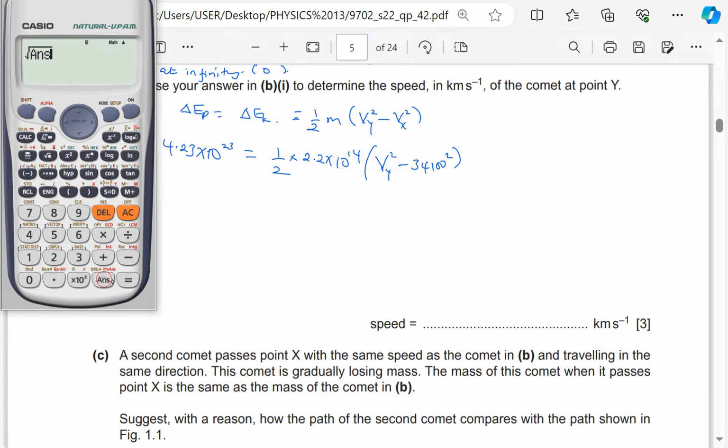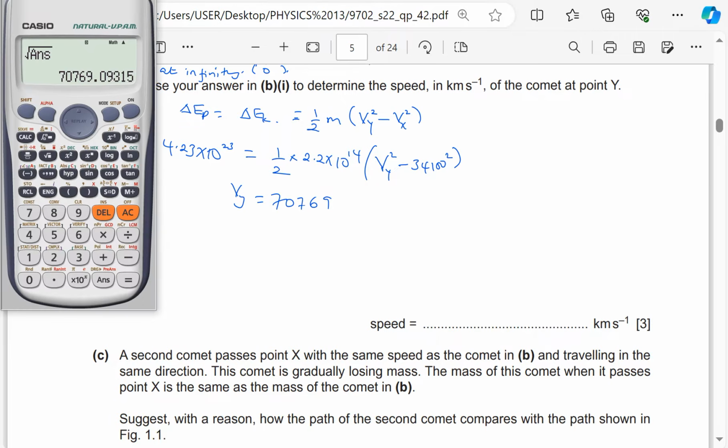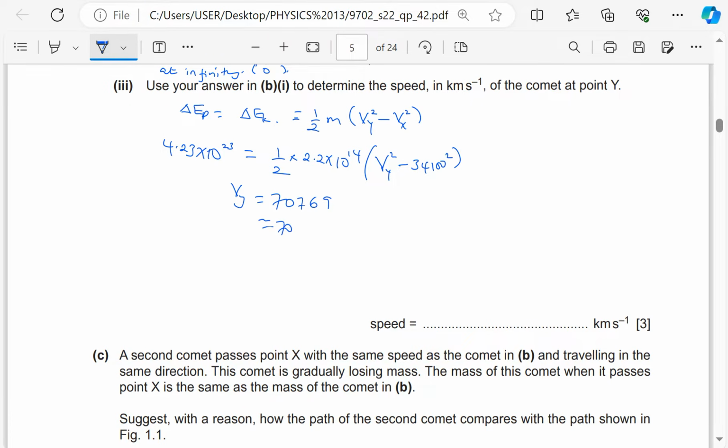Then I'll find the square root of the answer, and this gives me vy equal to 70769, or approximately 70800. These are meters per second, but we want the answer in kilometers per second, so I'll divide by 1,000. This is going to be 70.8 kilometers per second.